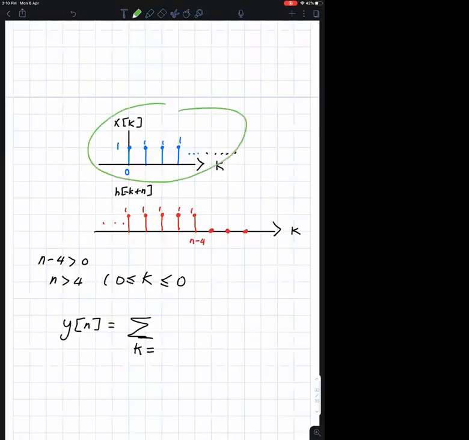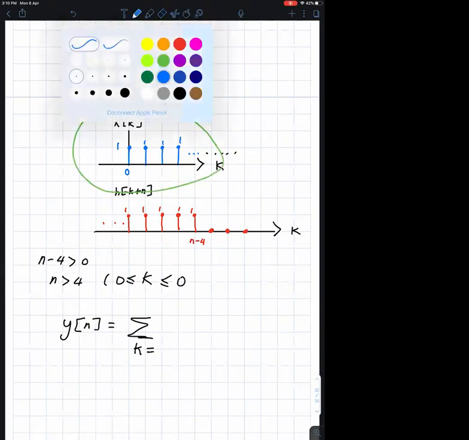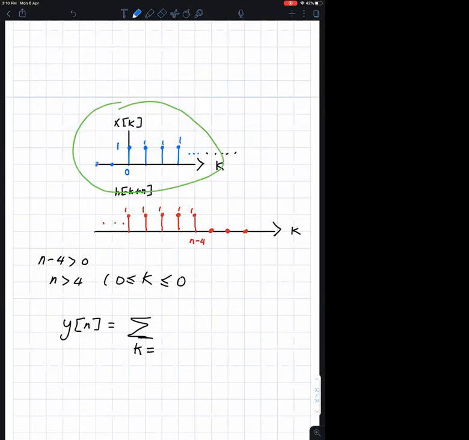This one or this one? The lower limit is controlled by this one, because there's no signal below 0. Zero signal, so whatever you multiply with it, it's going to be 0.